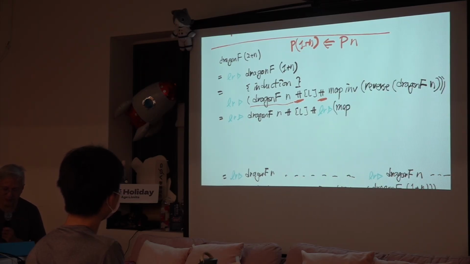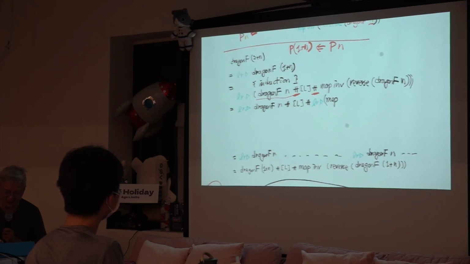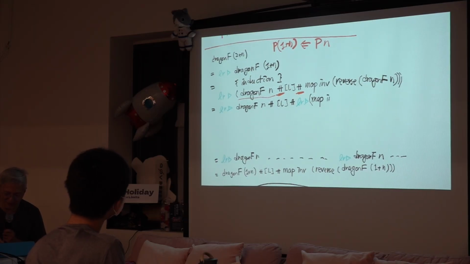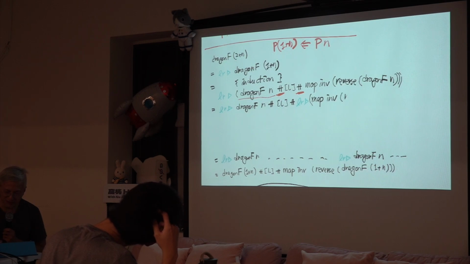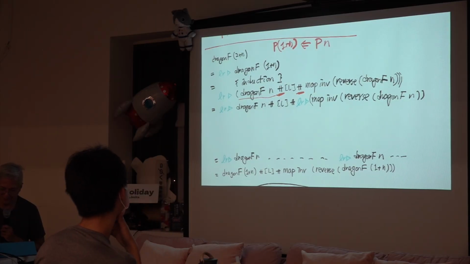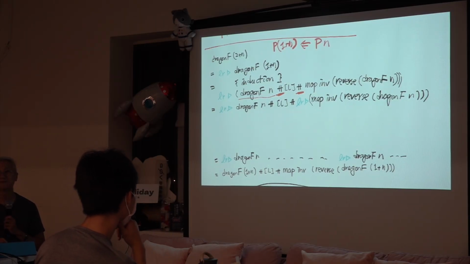To be clear, I will add a bracket here, although it's not necessary. Map inv of reverse of dragon F of L. Right, okay? And good news is that I have this already. Okay, that's a good sign.